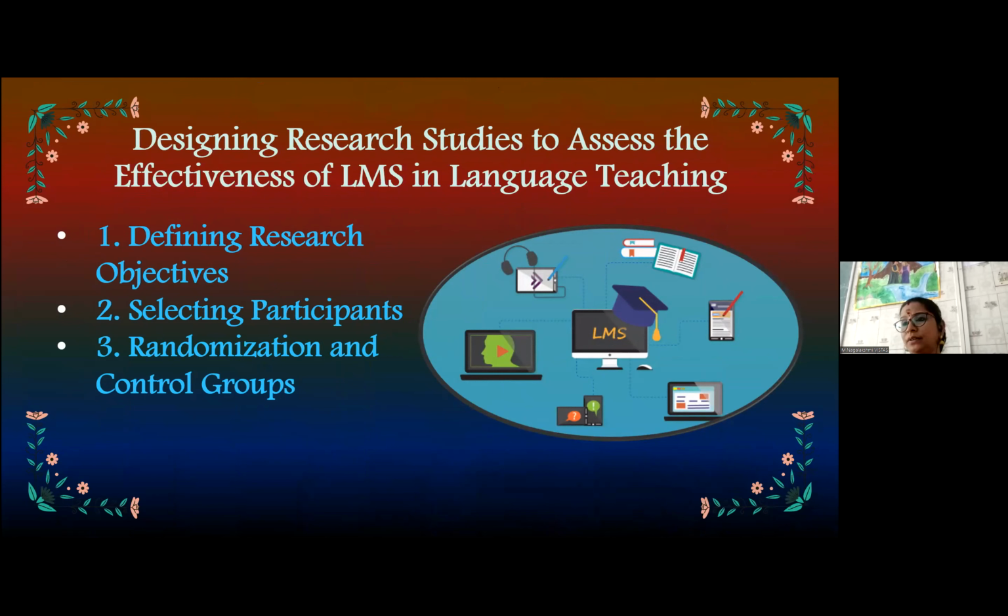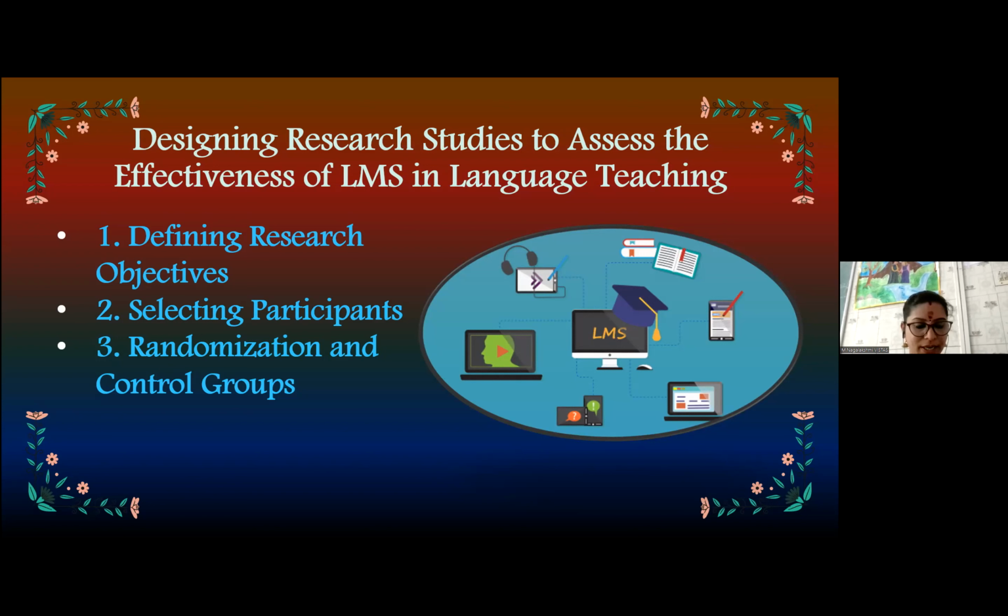Whether it is research on ELT or research on ELT within LMS, the first thing is we need to define research objectives. The first step in designing a study on the effectiveness of LMS in language teaching is to define clear objectives.